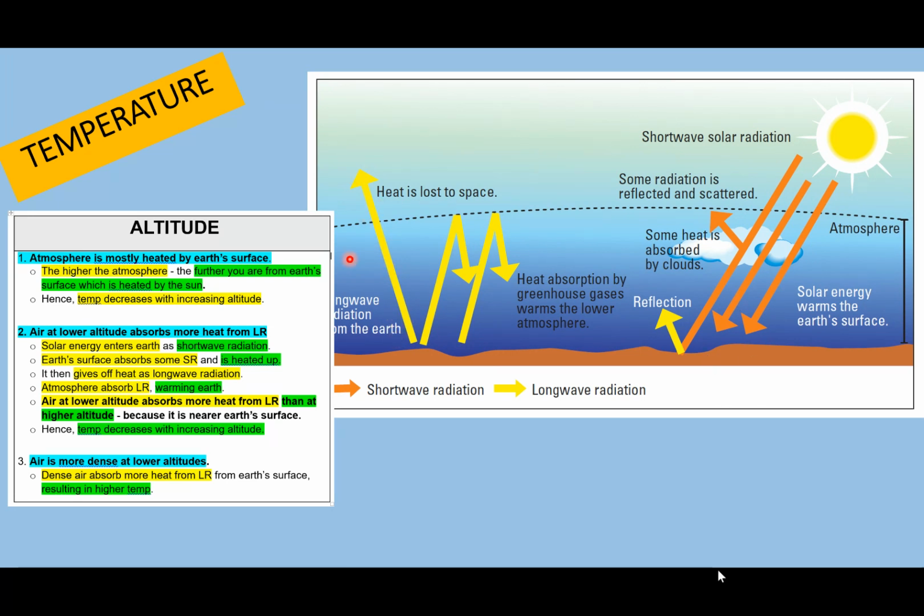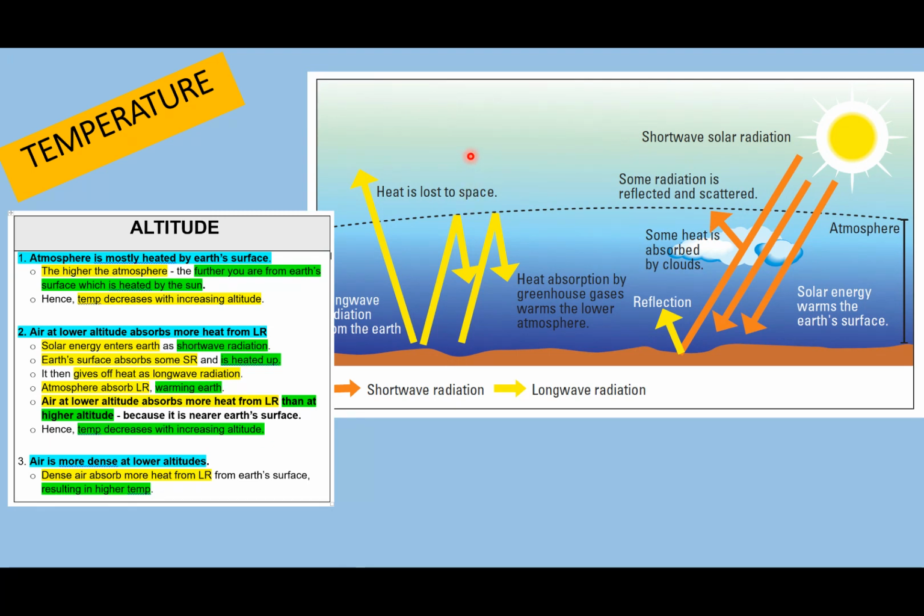Atmosphere absorbs long-wave radiation, warming the Earth. Air at lower altitude absorbs more heat from long-wave radiation than at higher altitude because it is nearer the Earth's surface. Hence, temperature decreases with increasing altitude.